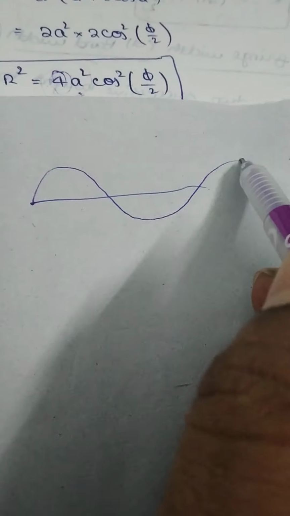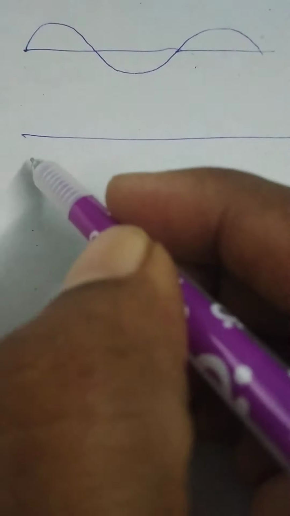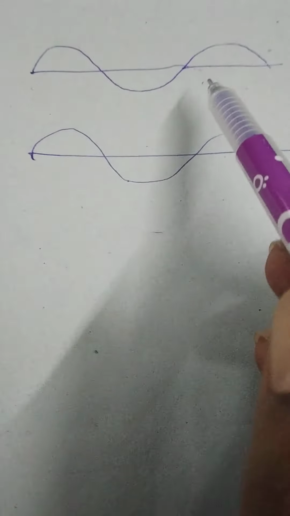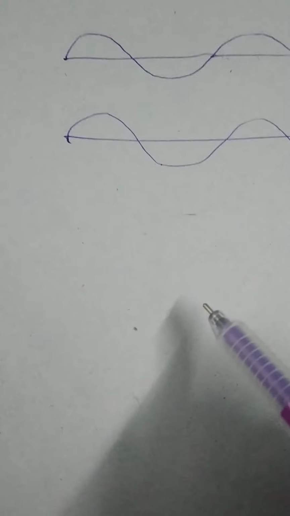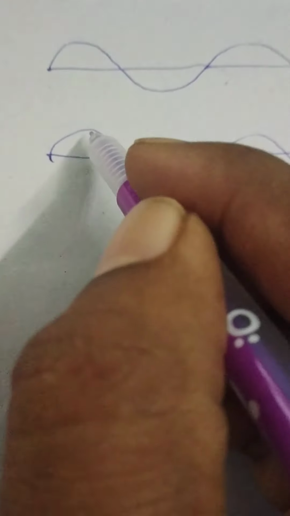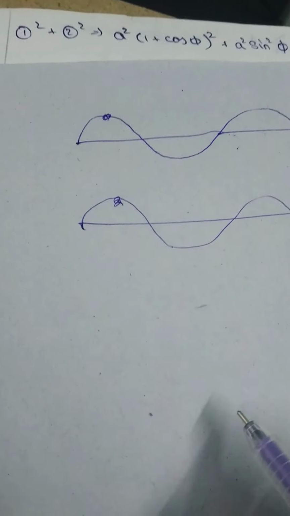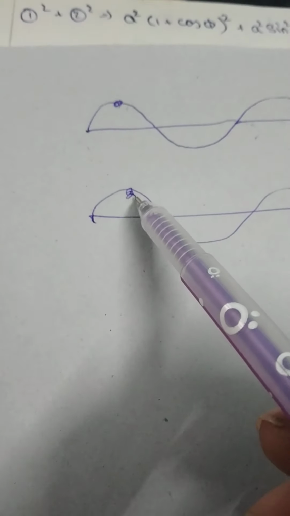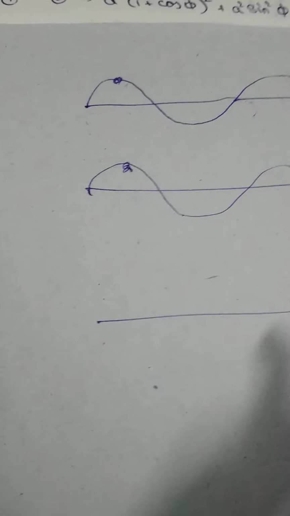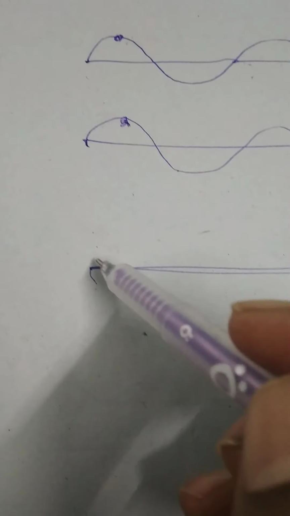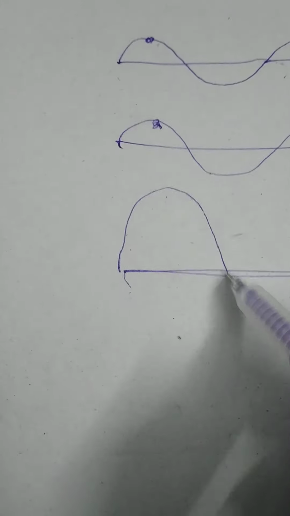Let one wave be traveling along this direction. The second wave is also traveling in the same direction like this. These two waves are moving along the same medium and superimposed together. If the crest of one wave is superimposed with the crest of another wave, at that point the resultant amplitude of the wave will be maximum.